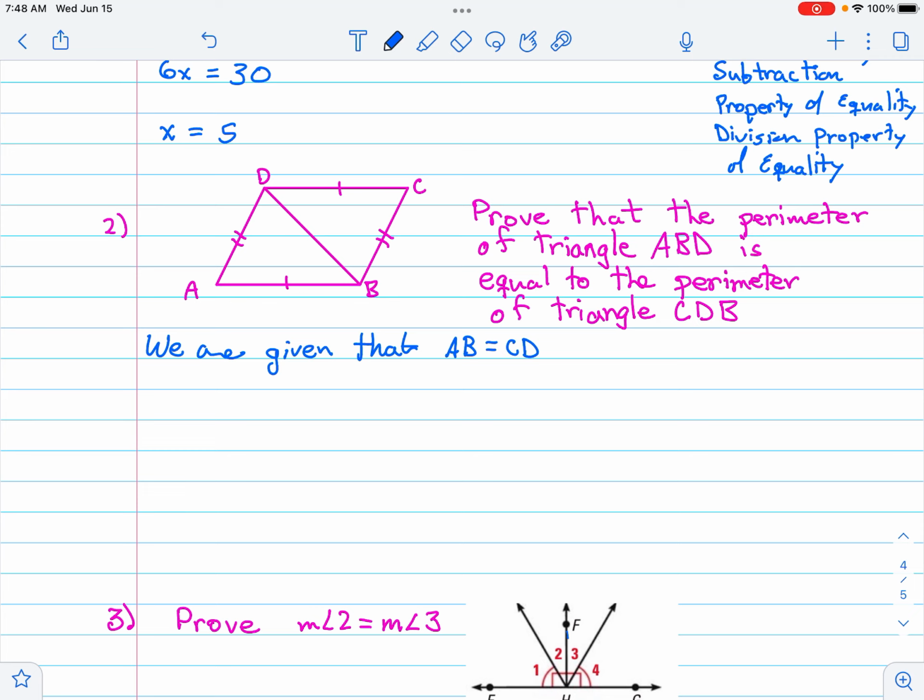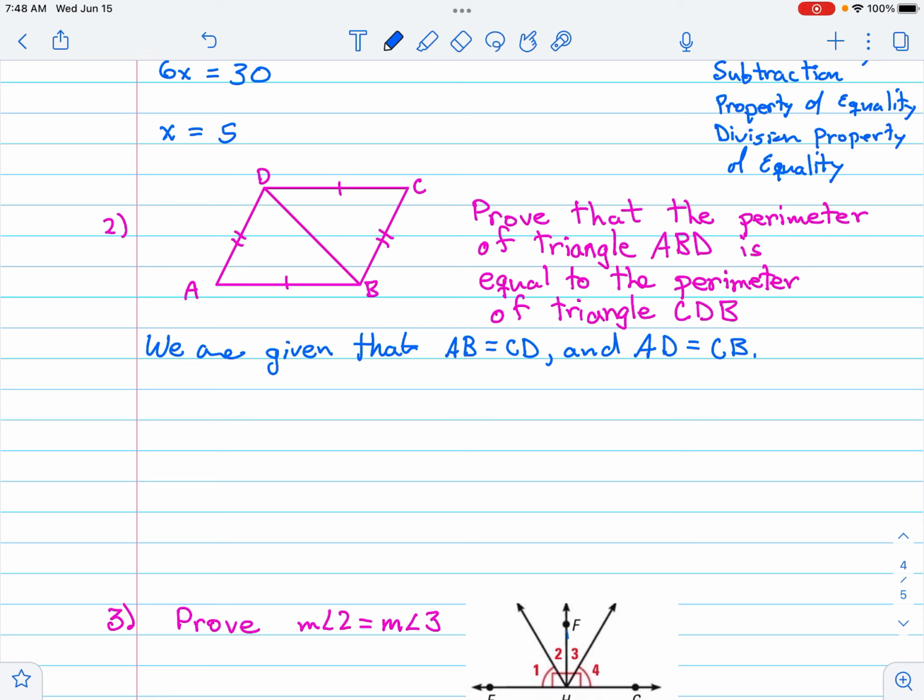So AB is equal to CD, and not only that, we're also given that AD is equal to CB. So that's just something we have there. That's the first step in these proofs. You say, can we all agree on what we're given?